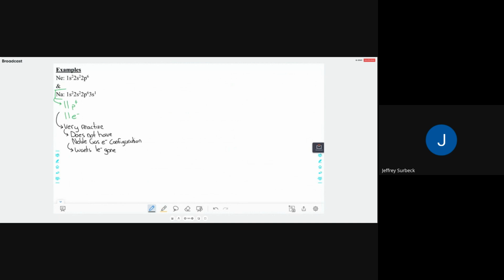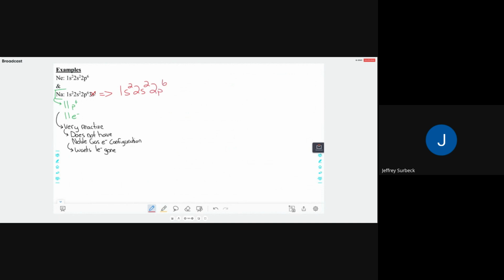It wants to lose that 3s level. So it reacts and it loses that 3s electron, right? It now has the electron configuration of 1s2, 2s2, 2p6.